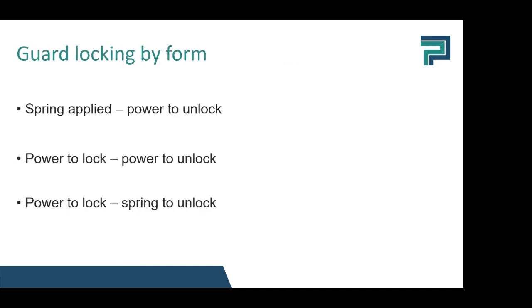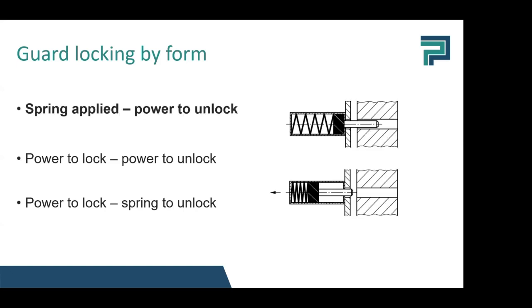There are different types of guard locking. The first one is guard locking by force, and this has 3 subcategories. The first one is the locking element is spring applied and power to unlock. In the picture on the right, you can see the principle of this. So a spring pushes the locking element into the guard, and we need power to open the guard.